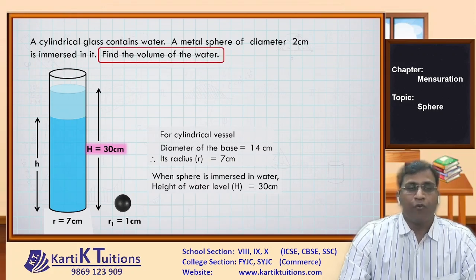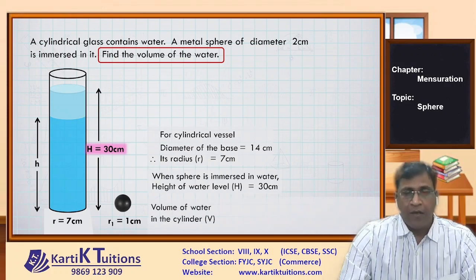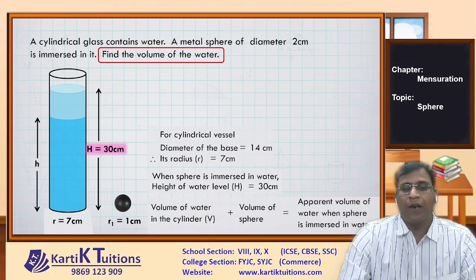Now here we have to find the volume of the water, यानी पानी कितना था कंटेनर में, that we have to find. Now for that the logic is: volume of the water, that is denoted by v, plus volume of sphere will give us the volume of the water with a height of 30 centimeter. थोड़ा समझ आया मैं क्या बोल रहा हूं. मैंने लास्ट पार्ट जो राइट हैंड साइड बोला, वो कौन सा वॉल्यूम है, that was the volume of water when the height was 30 centimeter.